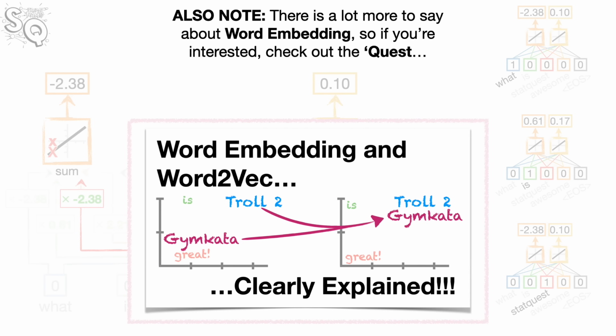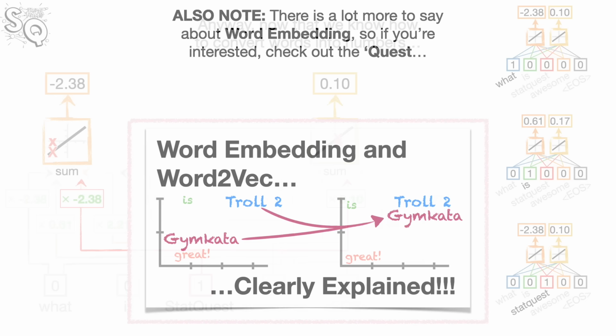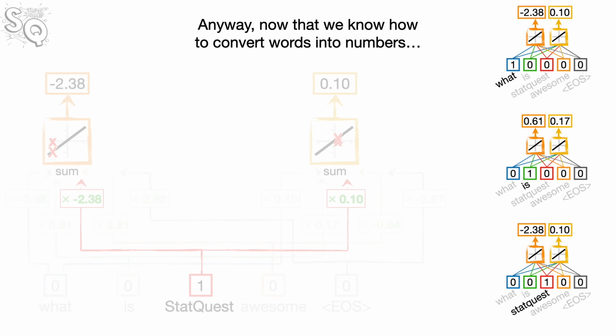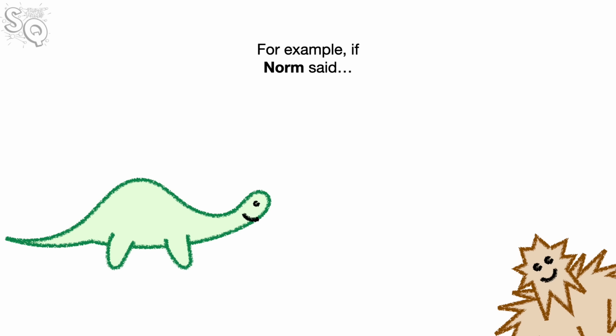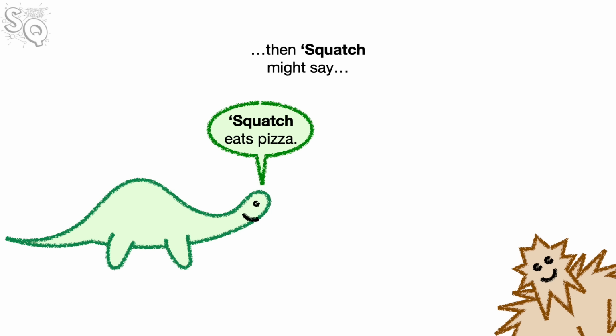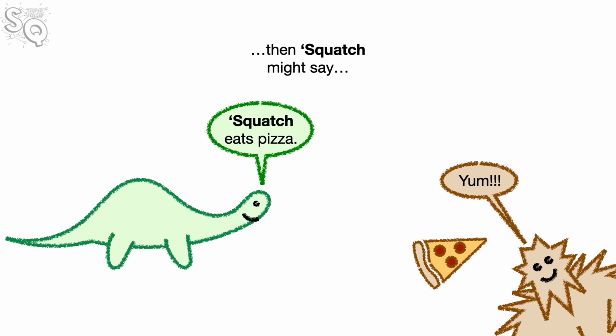Also note, there's a lot more to say about word embedding, so if you're interested, check out the quest. Anyway, now that we know how to convert words into numbers, let's talk about word order. For example, if Norm said, "Squatch eats pizza," then Squatch might say, "Yum."